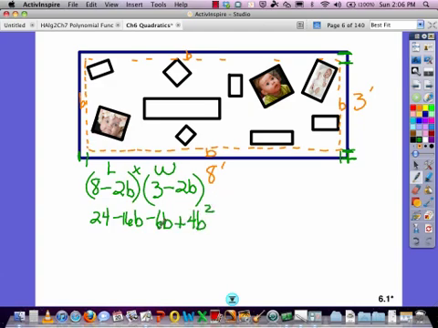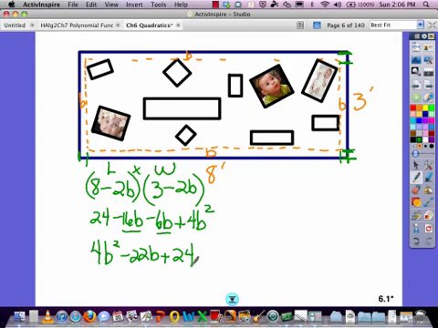Combine like terms. I see some b's in the middle that are alike. Let's put this in order. And we would put 4b squared first, our negative 22b in the middle, and our plus 24 on the outside. So that would represent the area that we would have for arranging the baby pictures.